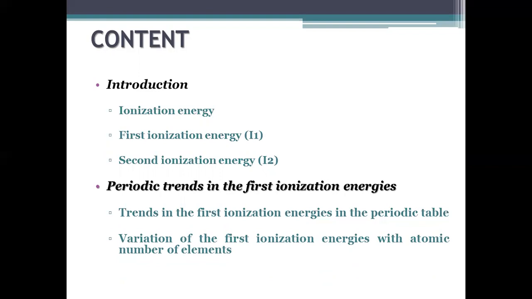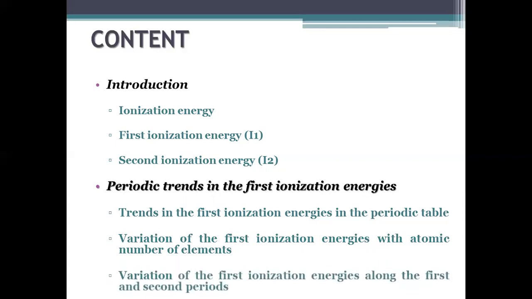Therefore, as the atomic number of the elements changes, the ionization energy also varies. This is what I'm going to speak about here. And the final one is the variation of the first ionization energies along the first and second periods.